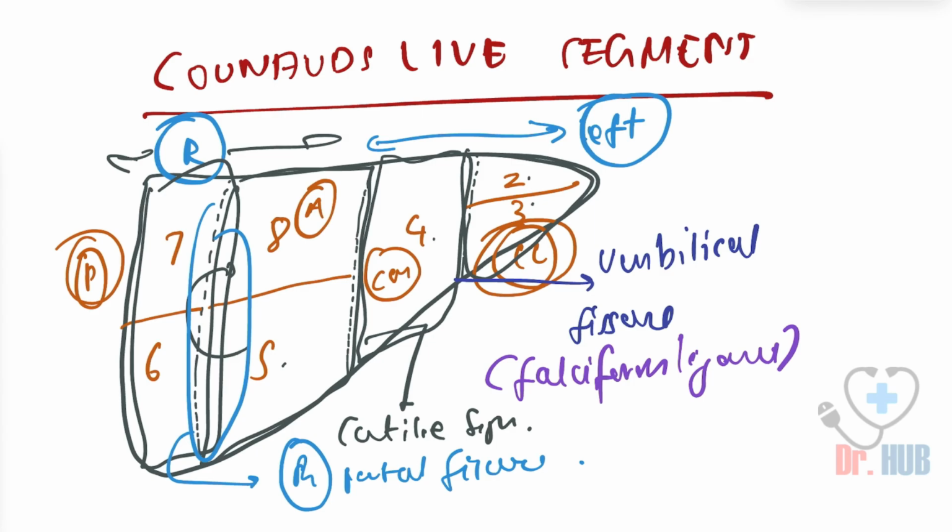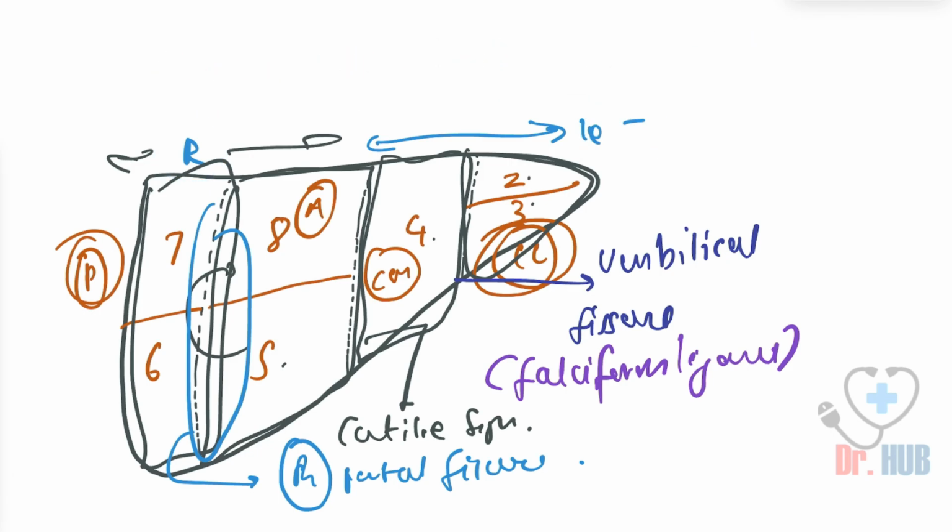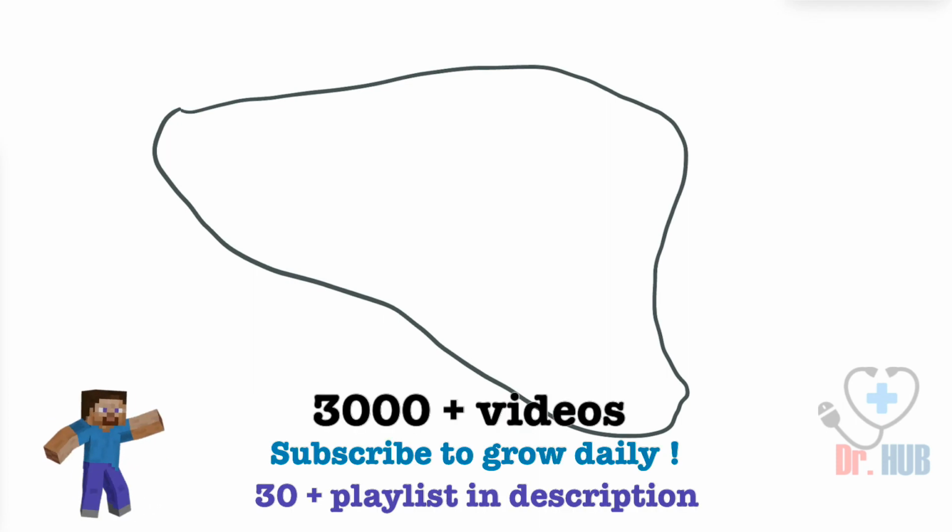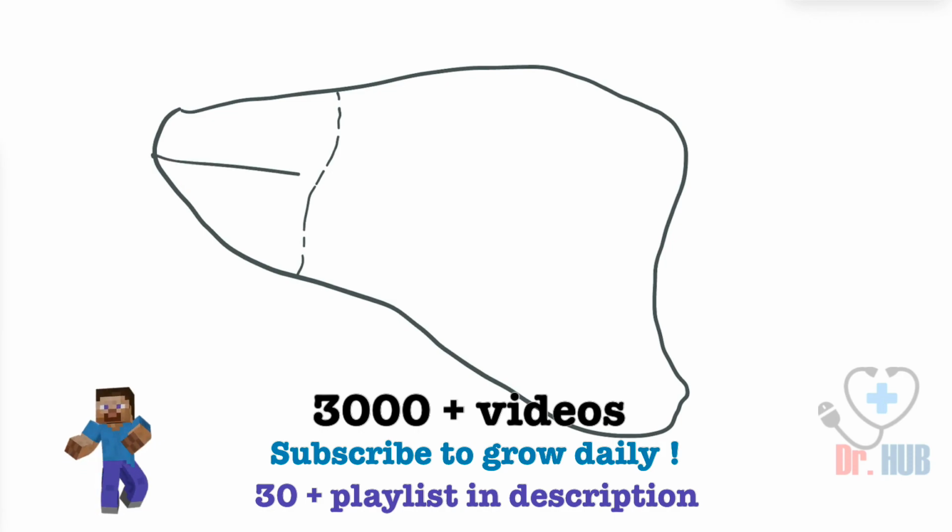Now we are going to flip this liver. When we flip the liver, what do we see? This is how the liver looks from the back. Here again we just do the partition. This will be 2 and 3.